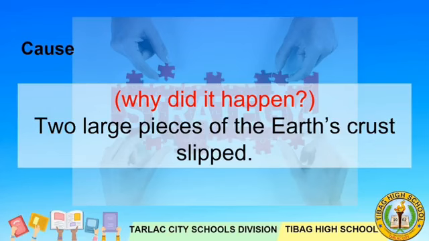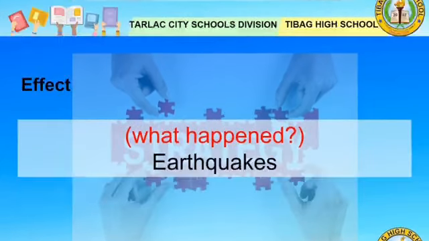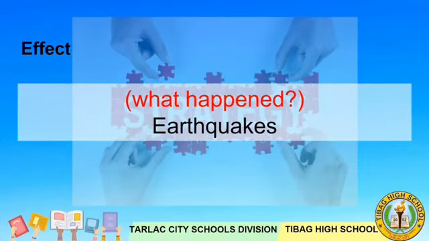So if we will answer that question, the answer is 2 large pieces of the Earth's crust slip. So that is the cause of that statement. And in order to identify the effect of the example, we have to ask ourselves, what happened? So the answer is earthquakes. That is the effect of the cause.